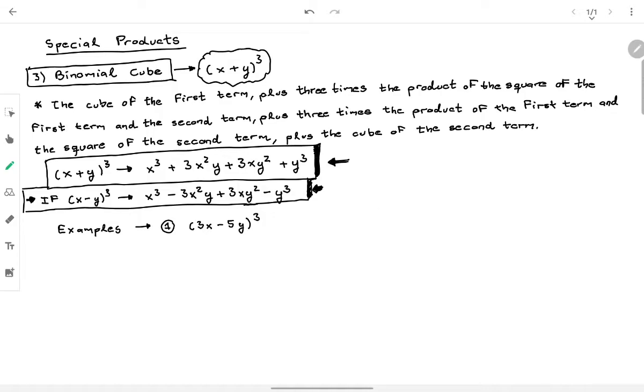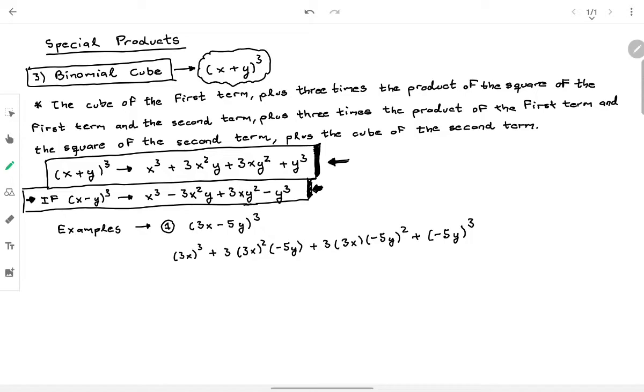So the first example is going to be something like this: 3x minus 5y cubed. So it will be the rule, it will be the first term to the third power plus 3 times the square of the first term multiplied by the second one plus 3 times the first one multiplied by the square of the second one plus the second one to the third power.